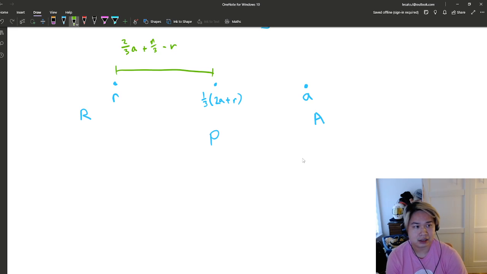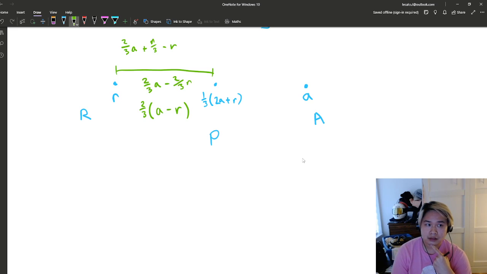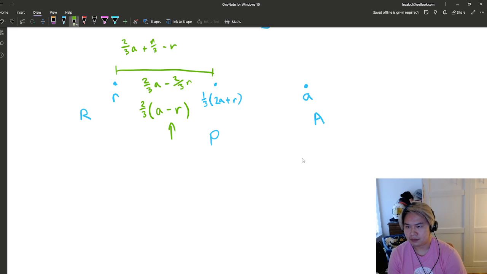So I'm subtracting the r. So then I'll have 2/3 a minus 2/3 r. So this is 2/3 of a minus r. Oh, okay, yeah. And then this is the distance. A minus r is this distance.